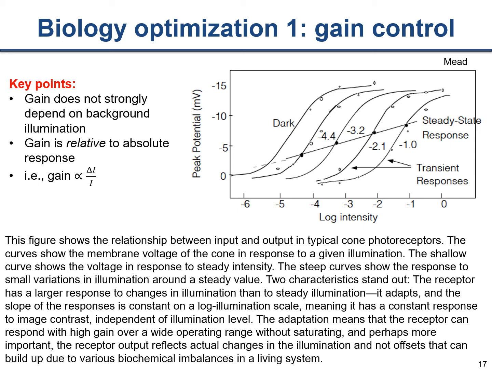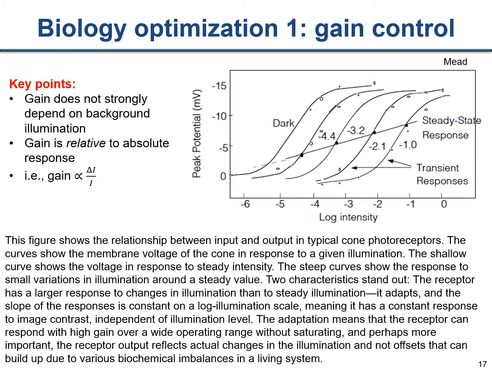If we only responded to absolute light intensities, we would need an incredibly large dynamic range system to experience these different light intensities, and we would have a hard time finding the difference between a tiger in a very bright jungle versus a tiger in a very dark jungle. Relatively speaking, these are very close in amplitude, for example.